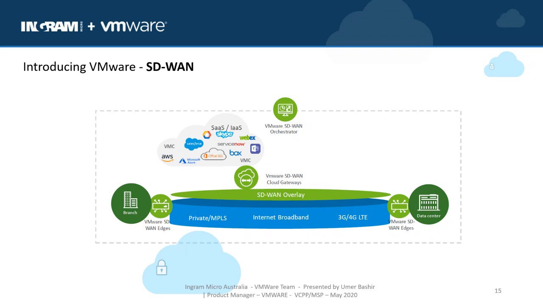SD-WAN, generally speaking, solves a lot of problems, but three major segments of problems: from the management standpoint, the performance standpoint, and also your cloud access. As you can see on the top, they have VMware SD-WAN Orchestrator. Let's take a use case: let's say you want to onboard a branch.